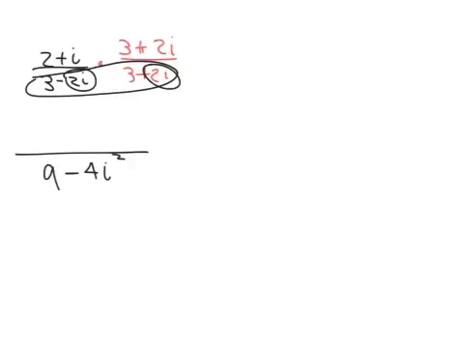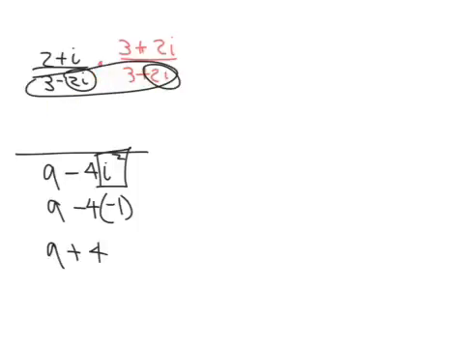If you remember with that little chart that I gave you, i squared is the same as negative 1. So this becomes 9 plus 4. So that becomes a 13 for our bottom number.